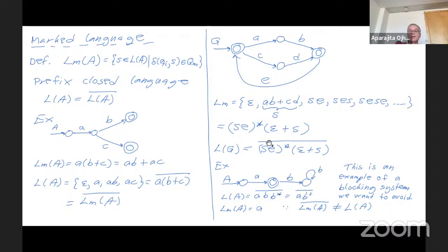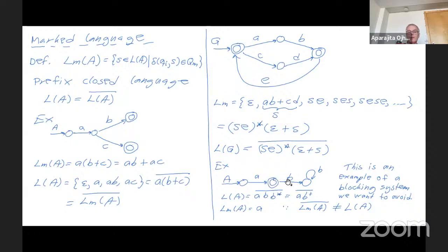And then you take once again just a bar above, and you get the complete language. We can say that this is only possible fully if you have a prefix closed language, or we can say if you don't have any so-called blocking states.